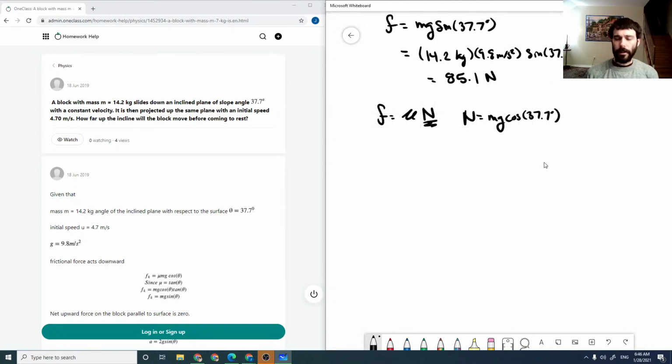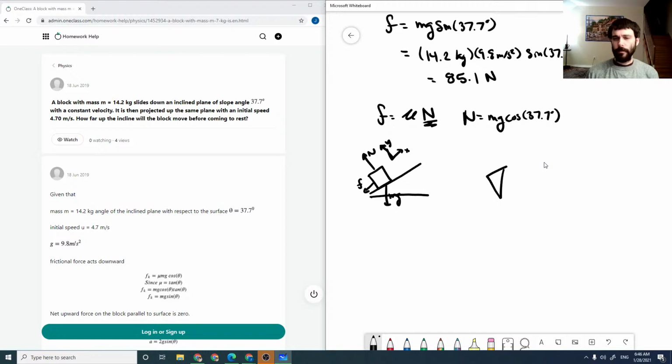And now if we look at the case where the block is going up the slope, then frictional force acts downward, our mg is downward, and our normal force is this way. Again, going x, y, same axis. Our mg is going to decompose the same.